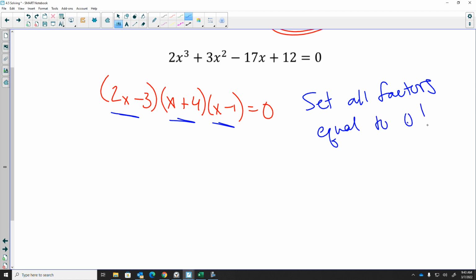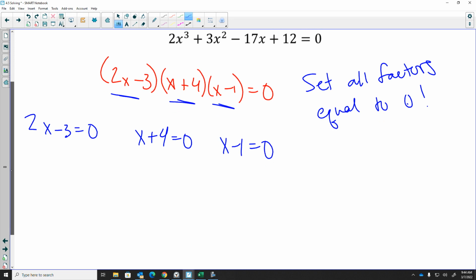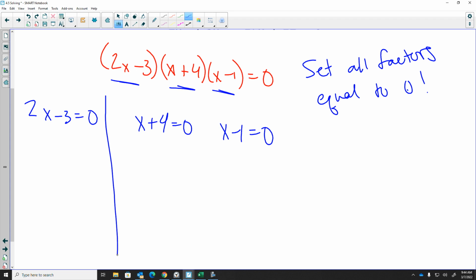So we're going to do the same thing here. Now there's just 3 of them. That's fine. I take all these things, set them equal to 0, and I'm solving them. One at a time. Let's do this one. To solve that, what would you do first?